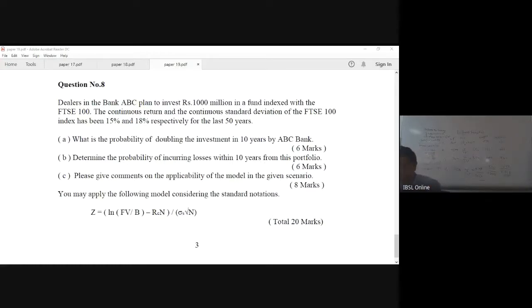So then you have your normal curve tables. Just go to the normal curve tables and get the value for that.